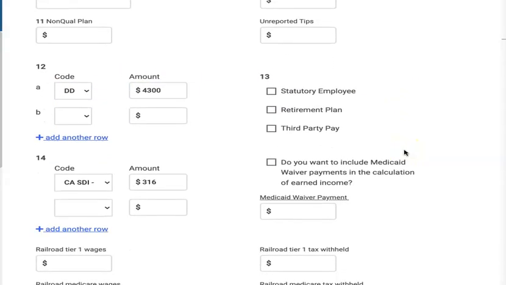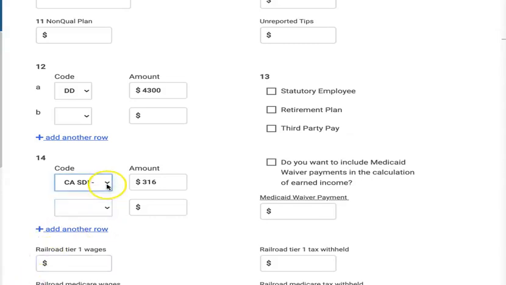And then the CASDI, California State Disability Insurance, sometimes it'll appear on your W-2 as just SDI, always goes into box 14.